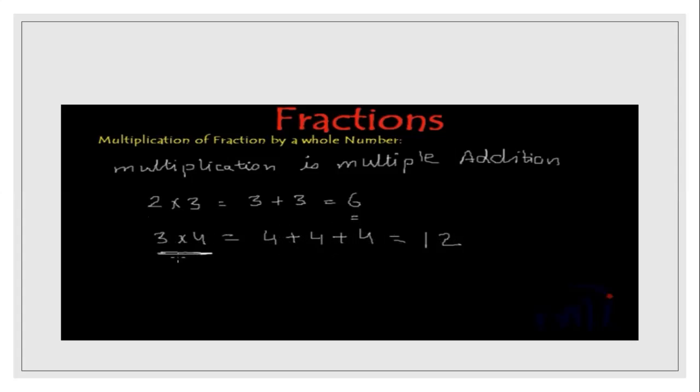So while doing multiplication, you read out the tables, but the actual meaning of multiplication is multiple time addition of one particular number. So this was just the revision of multiplication when both the numbers are whole numbers. Now we will apply the same fundamentals, the same concepts, in fractions also. So let's see how we do it.